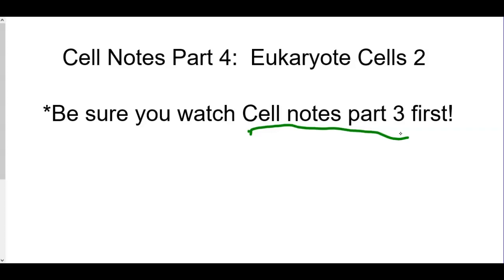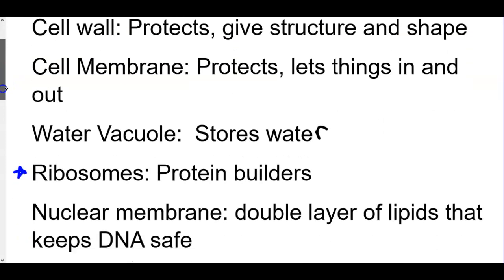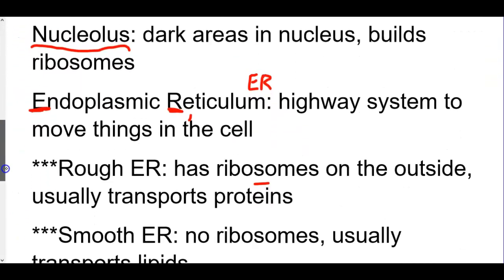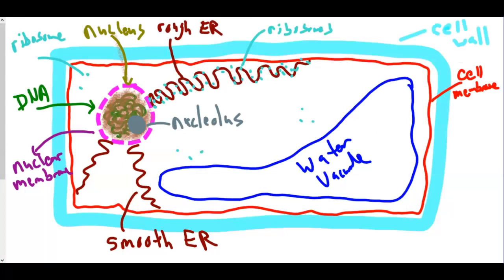Okay, so what we're going to do here is we went through these plant parts and talked about what they do, and then we drew them on this picture. So we just need to continue where we left off in the last video.